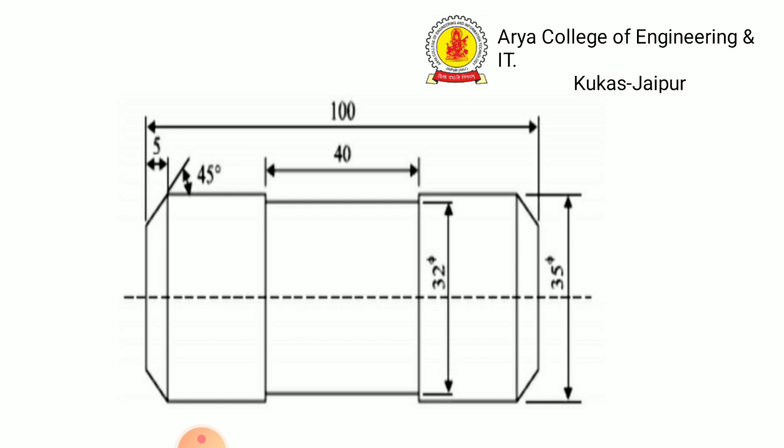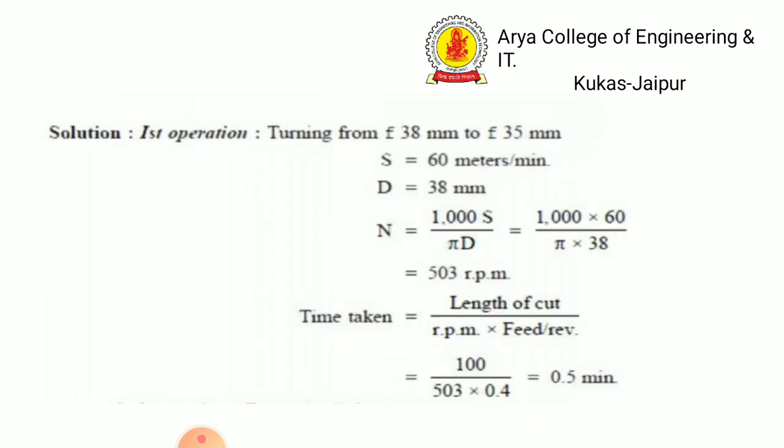In this example, we first take the operation of turning from 38 mm diameter to 35 mm diameter. First we calculate N. S equals 60 meters per minute, which is given in the question, and D equals 38 mm. Now N equals 1000 S divided by pi D. This is the known formula. In this formula, S is 60 meters per minute and D equals 38.